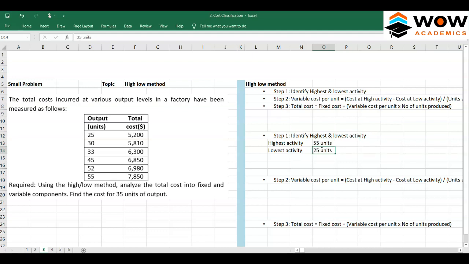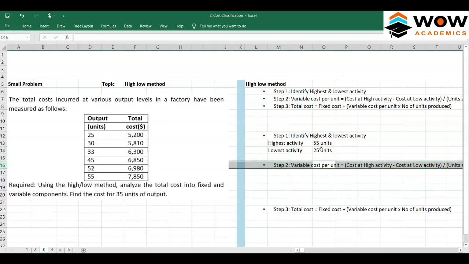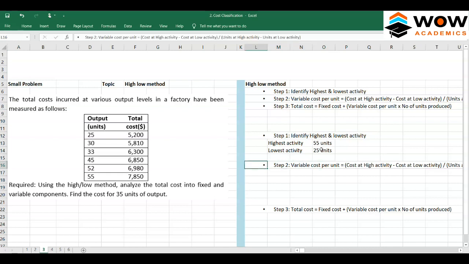Up to there we got it. Now let's check step 2. Step 2 is finding out the variable cost. So how do we find out the variable cost here? We'll work it out.